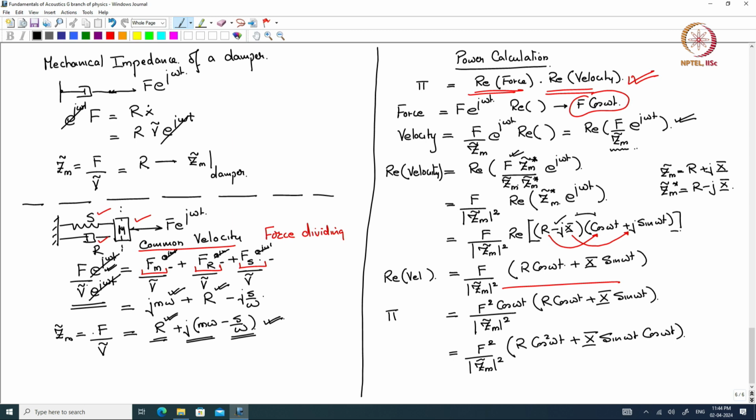Now you see we have cos squared omega t, which is actually a frequency of 2 omega, and here also we have sin omega t cos omega t, which is actually a frequency of 2 omega here also, because this can be written as sin 2 omega t, and this can be written as cos 2 omega t. So first of all, this instantaneous power has a frequency of 2 omega, that is important to note.